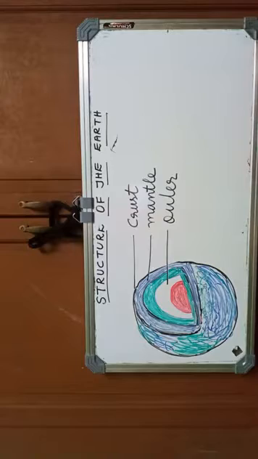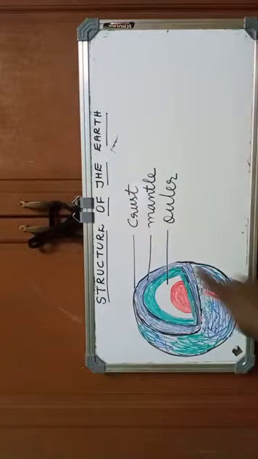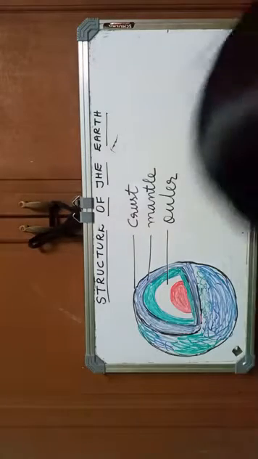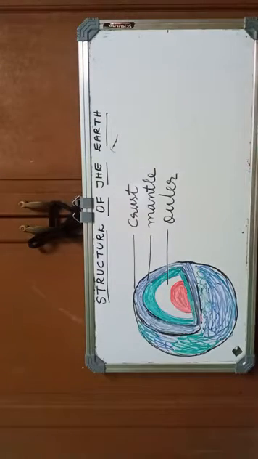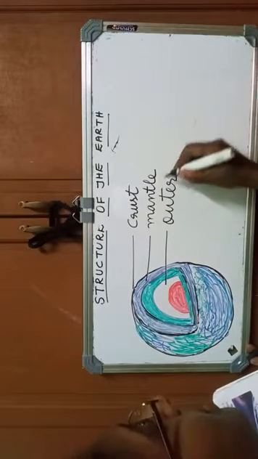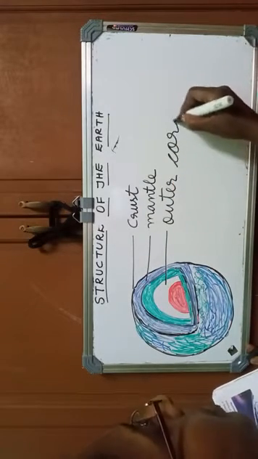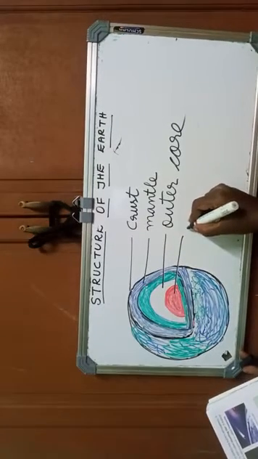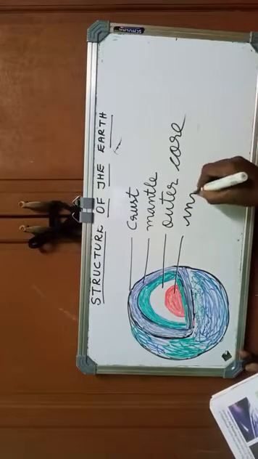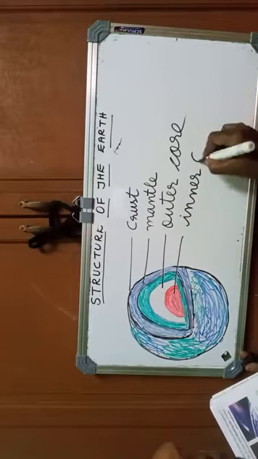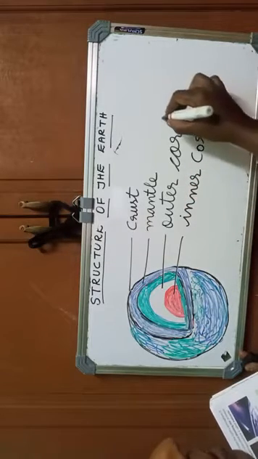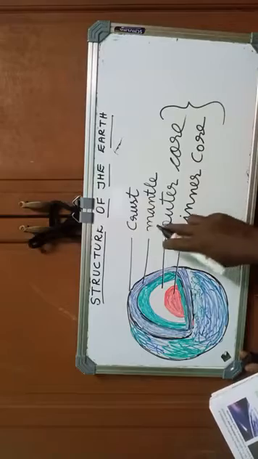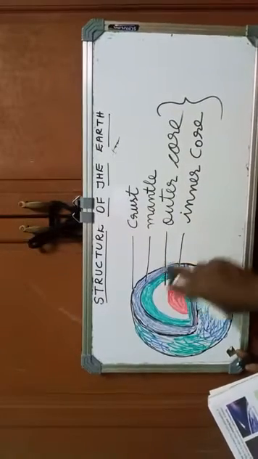Just look at the board, all of you. You can see I have marked crust, mantle, and the next one is outer core, and this red shaded one is inner core. These are the same layer, so mainly 3 layers are there.